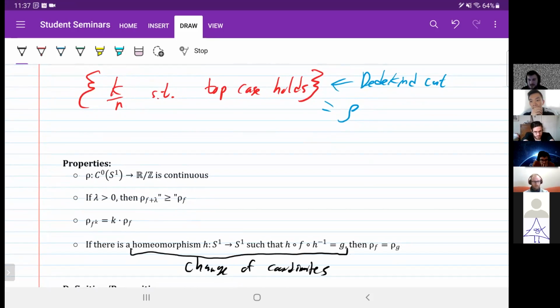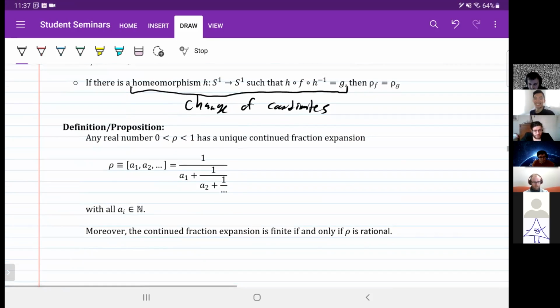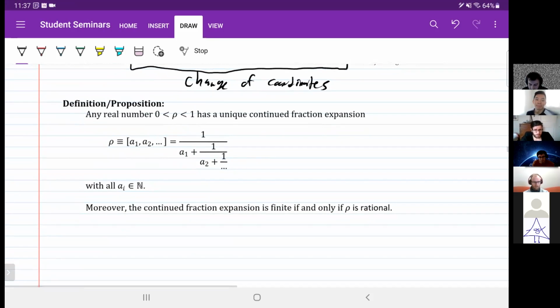So I started off talking about renormalization, and now I've been talking about rotation numbers for, I don't know, 10 minutes. So where's the self-similarity happening here? Well, the self-similarity comes from the combinatorics of these rotation numbers. So the key thing here is any real number between 0 and 1 has a unique continued fraction expansion.